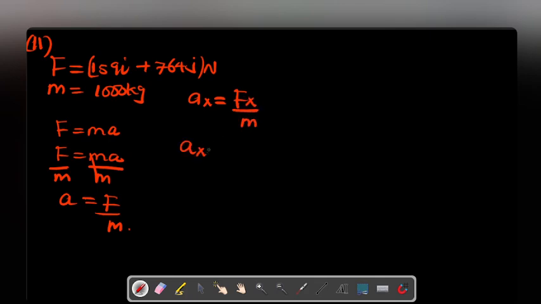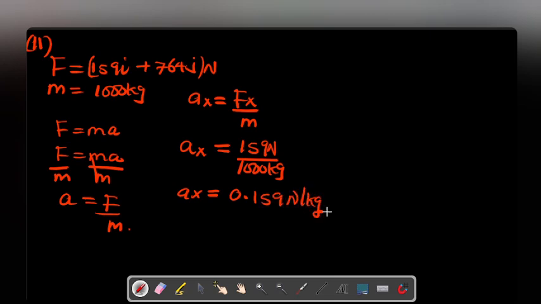So the acceleration for the x component will be equal to 159 newtons over the mass, which is 1000 kg. So 159 divided by 1000 will give me 0.159 newtons per kg.